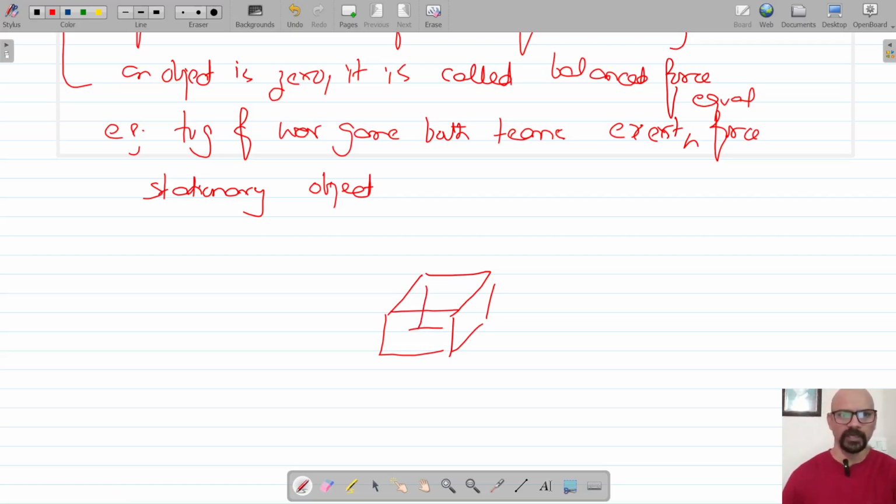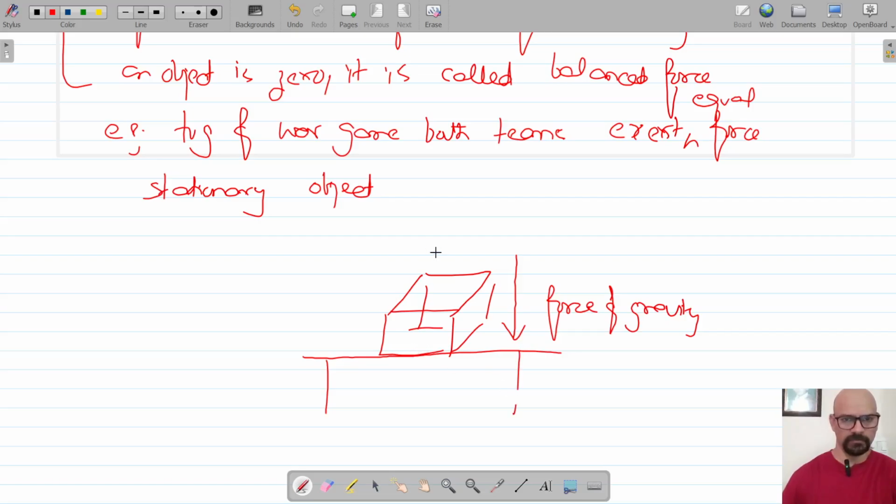It is stationary. Now it does not move by itself and is stationary because the force of gravity is exerted from top to bottom. Let's say this is the table. This is the force of gravity that is acting in the downward direction on the table.